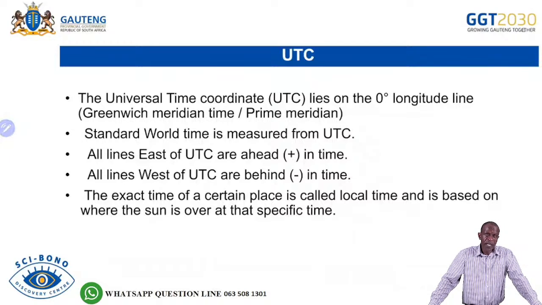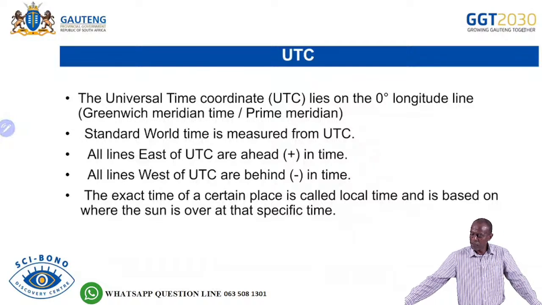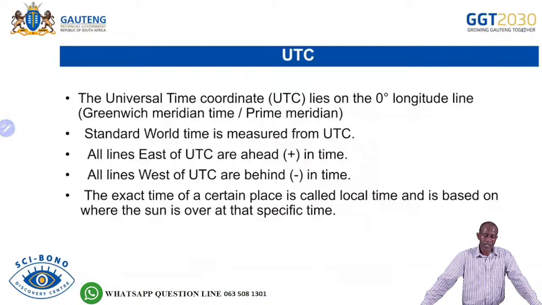If we are to give an example of local time, you'd say the local time for Johannesburg, for instance, is 14:15 or 14:14. That time is an expression of local time when you reside in Johannesburg. So local time simply explains the time of a specific area.